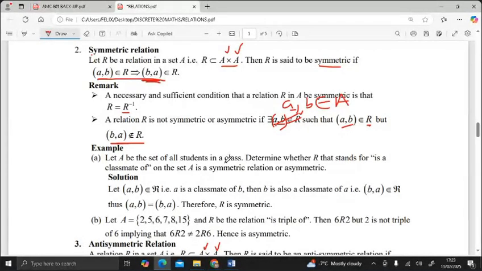If that is the case, then we say that relation is asymmetric.